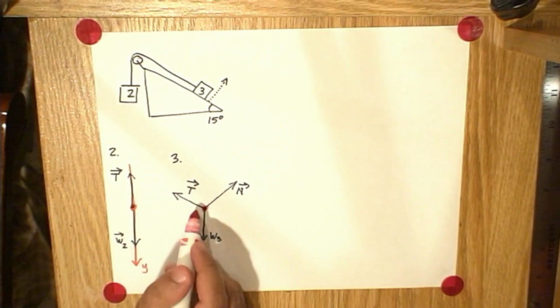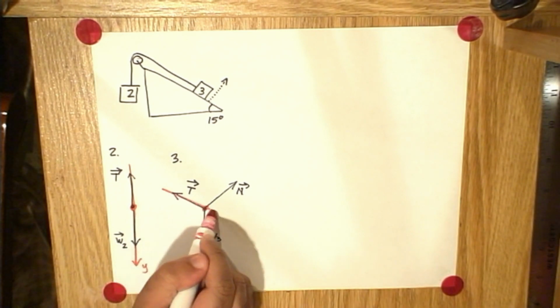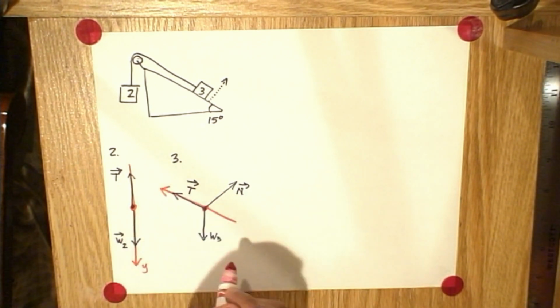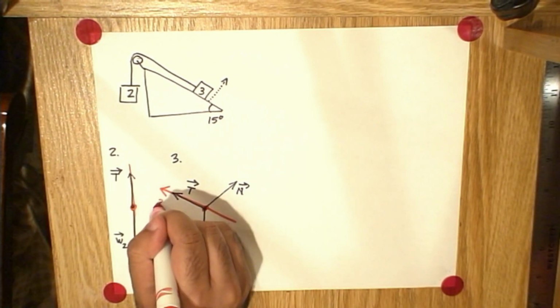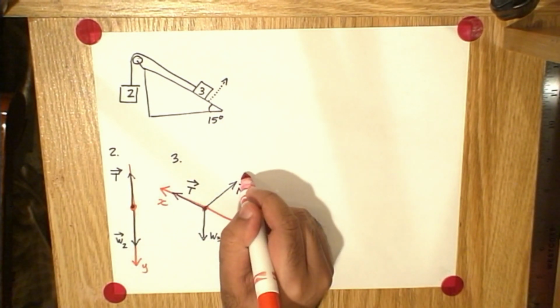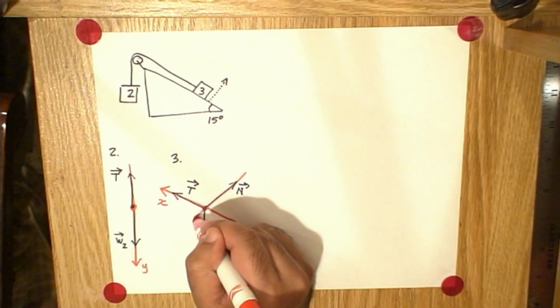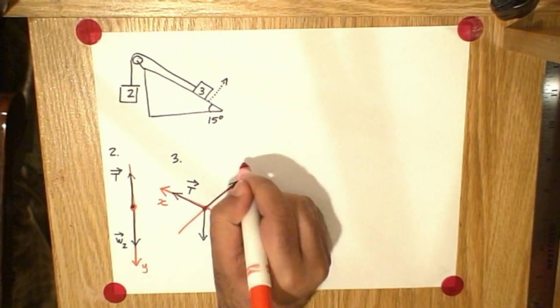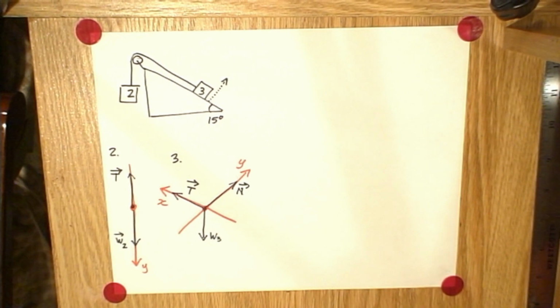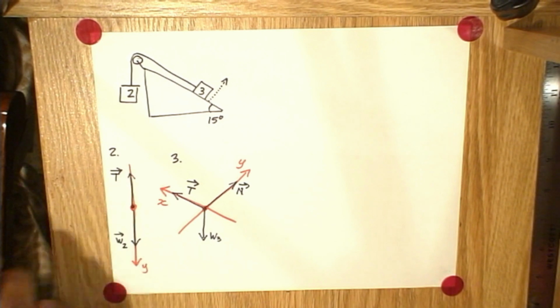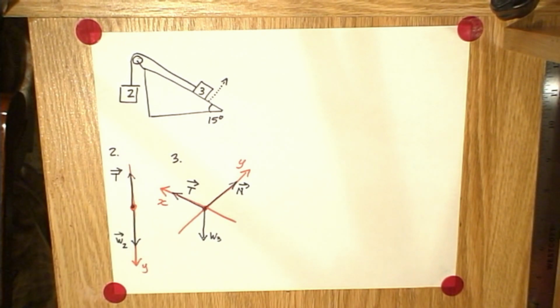For the 3 kilogram object, I'm going to set upwards, up the ramp, as being the positive direction. And of course, we always set the y-axis to lie along the normal force. Now, this way that we have drawn our axes for the 3 kilogram object, we need to break the weight down into its components.